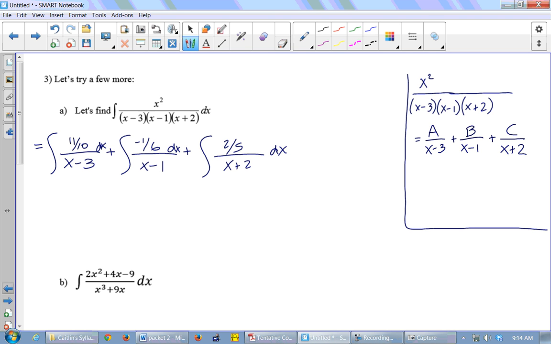Then you can take each of those numerators as constants and just pull them right out of the integral.